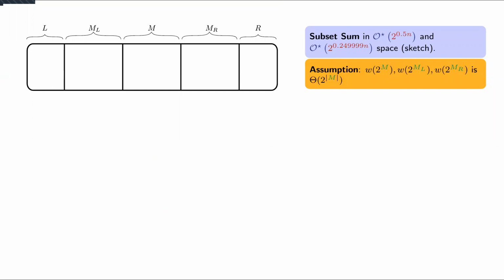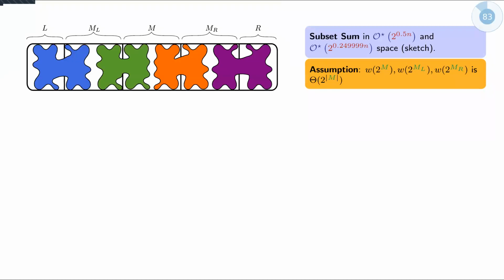So we are having this ML and MR, and the rest of the instance is split among this capital L and capital R. What we are going to do now is basically the same reduction that Austrin et al. did. We are going to enumerate all of the subsets of L and subsets of ML of size L quarter.